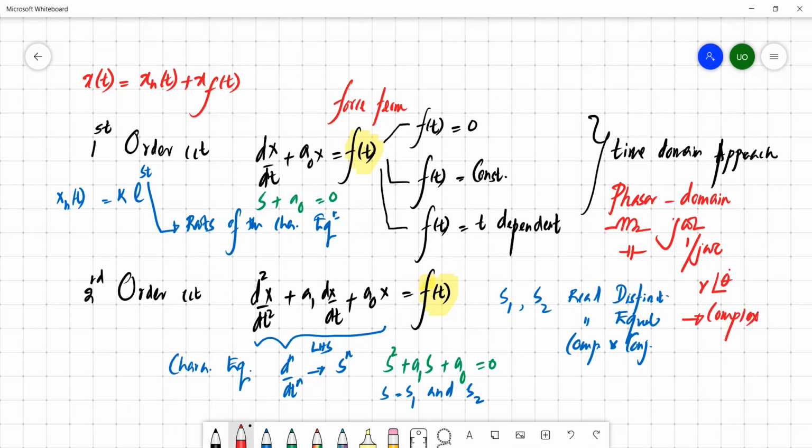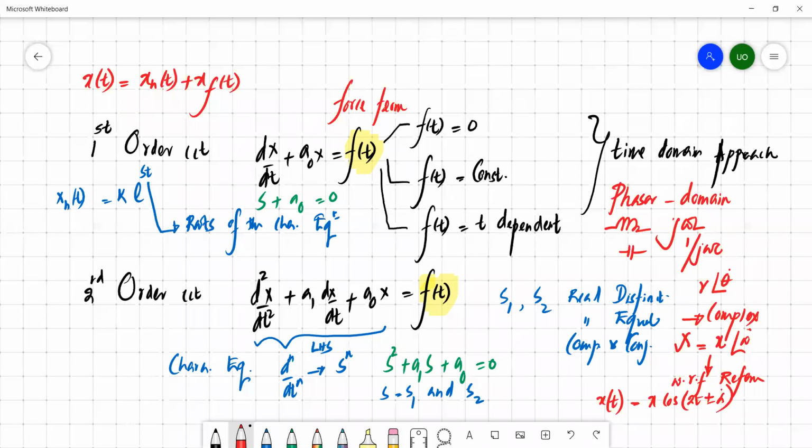Then we can solve the circuit in the complex domain and obtain the phasor of X, which has a magnitude and a phase. Then, with respect to the reference we select, we can convert this phasor value to the corresponding time domain value, x equals some cos of 2t plus or minus alpha.